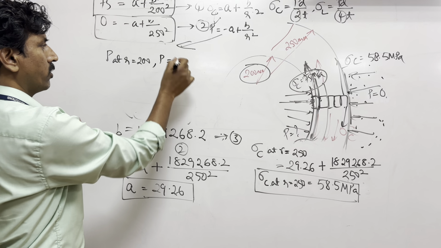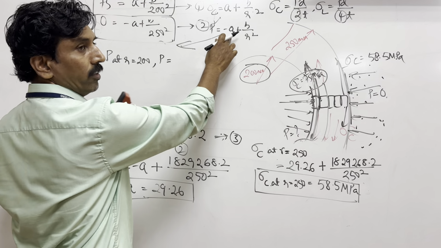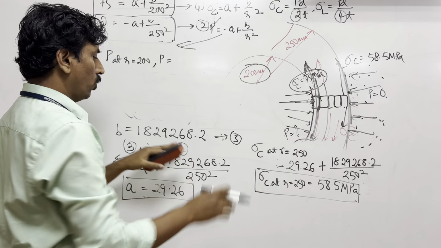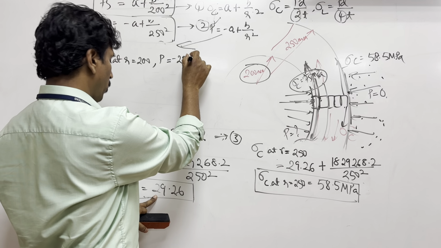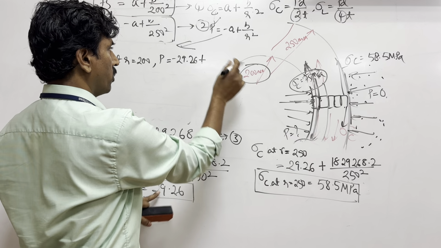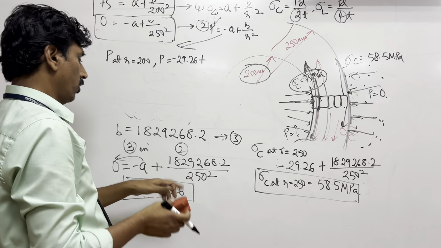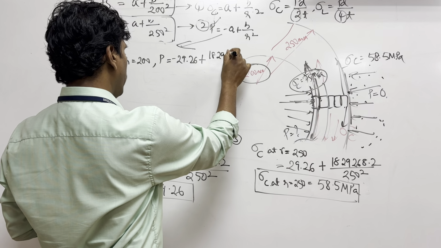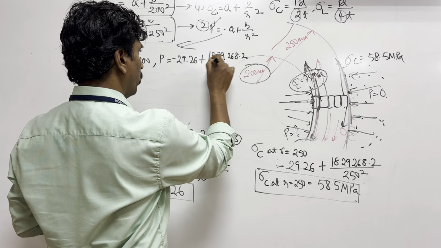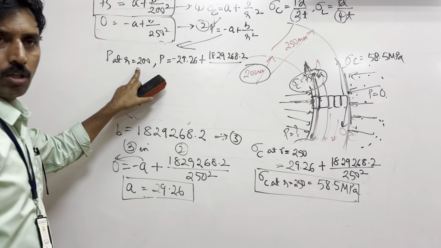So P is equal to minus A. What is the value of A? 29.26 plus what is the value of B? B is a very large value, 1829268.2 divided by R. What should you put? 200.